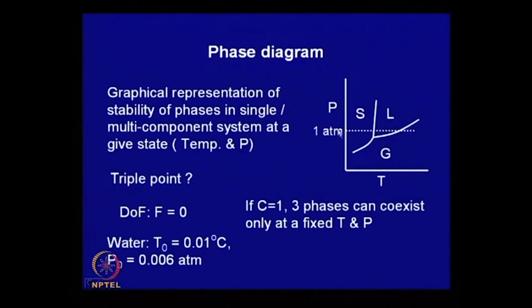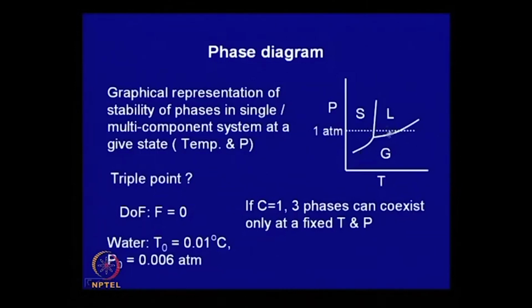This pressure-temperature diagram gives us the regime in which the solid, liquid or gas is stable. There are three important lines, and these lines represent the equilibrium between solid and gas. There is a possibility that the solid can be transformed entirely to gas without going through the liquid route.